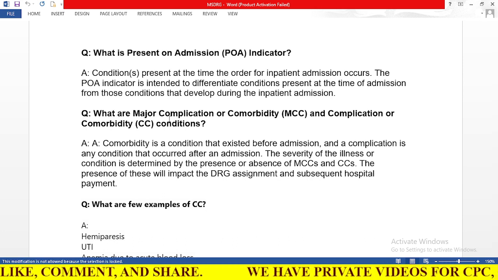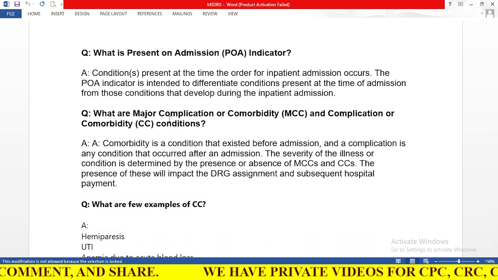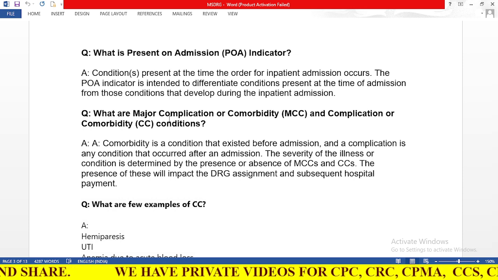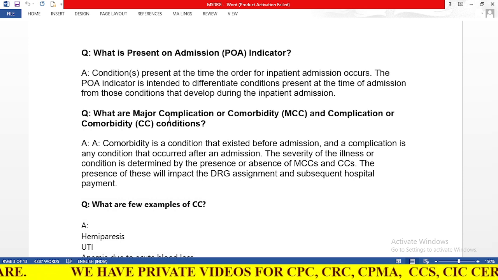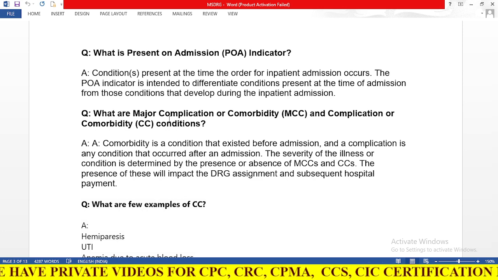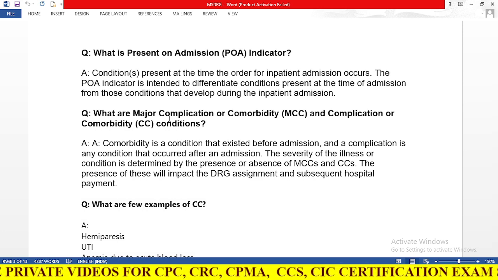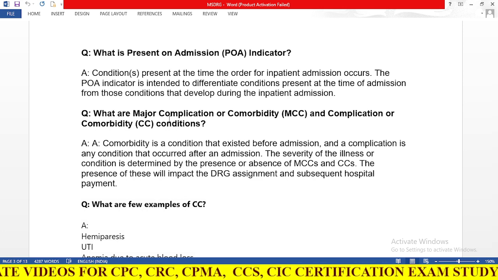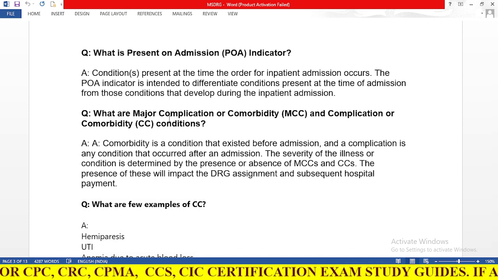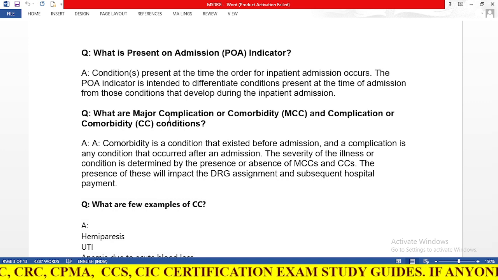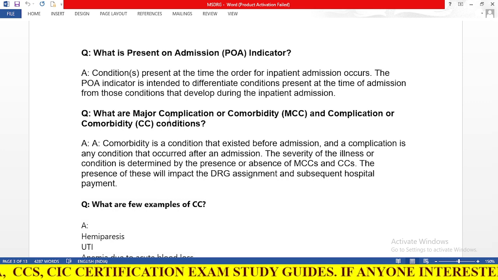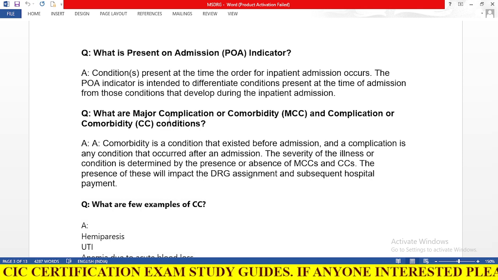POA indicator reporting is mandatory for all claims involving inpatient admissions. So we need to apply it to all claims involving inpatient admissions. Hospitals do not receive additional payment for cases in which one of several select secondary diagnoses, referred to as hospital acquired conditions, were not POA.